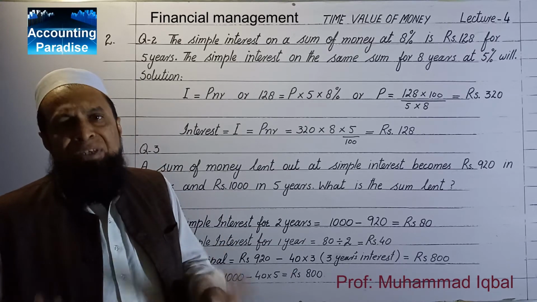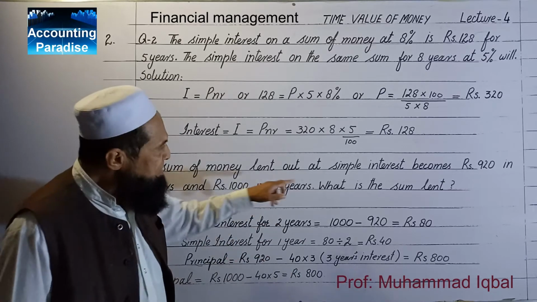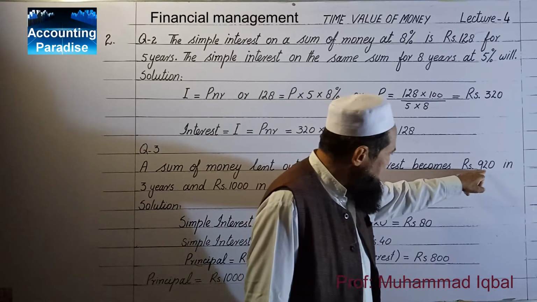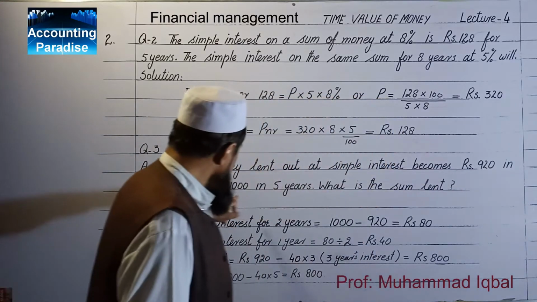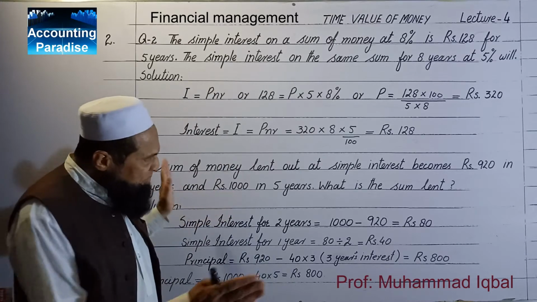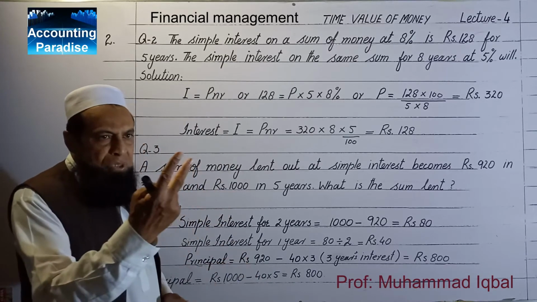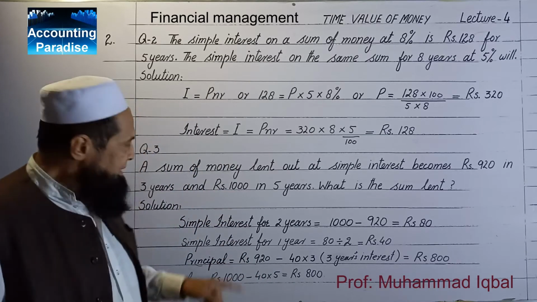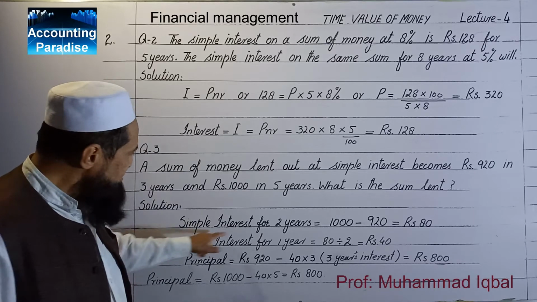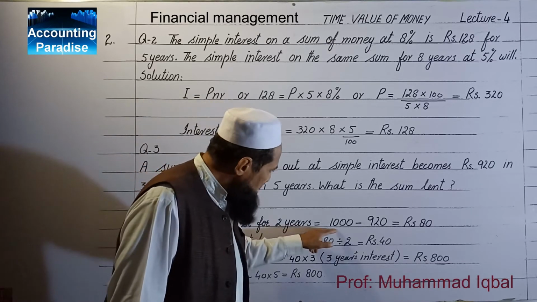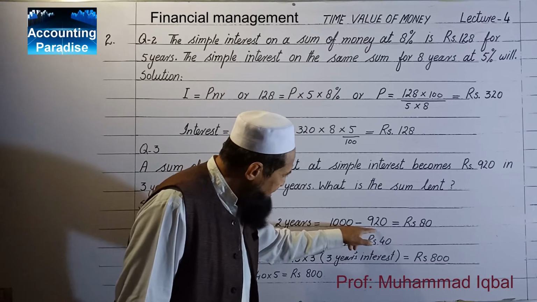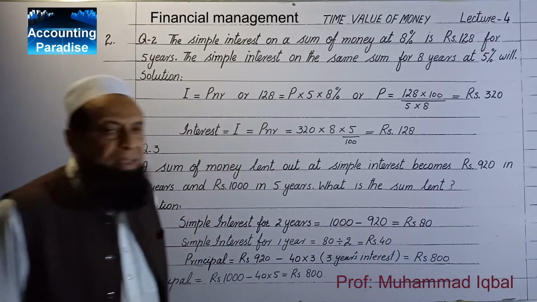It is always equal. This amount contains 3 years interest, this amount contains 5 years interest. If we deduct these, we have 2 years interest. That's the simple interest for 2 years is equal to 1000 minus 920, it is equal to 80.